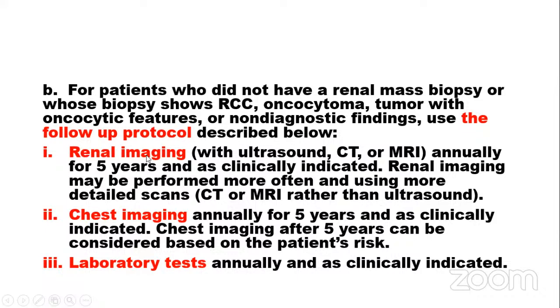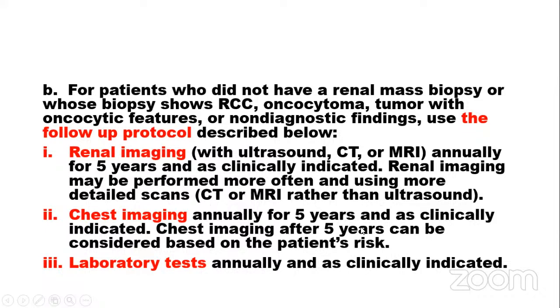We will do renal imaging, ultrasound or CT, annually for 5 years, and as clinically indicated. Renal imaging may be performed more often using more detailed scans. Chest X-ray or chest imaging, CT or X-ray, annually for 5 years as clinically indicated.